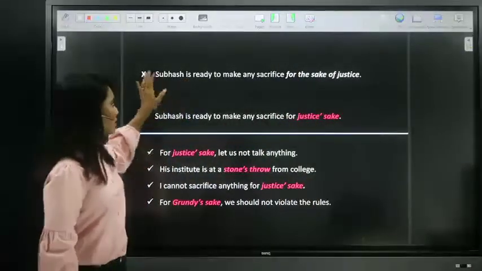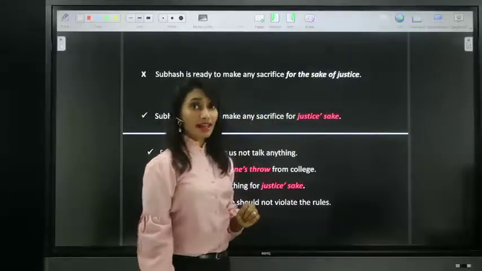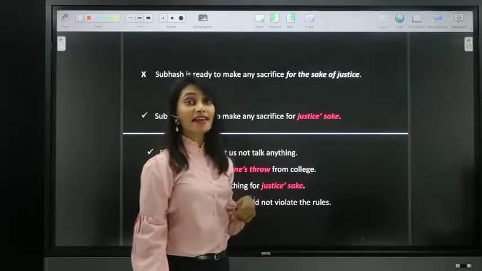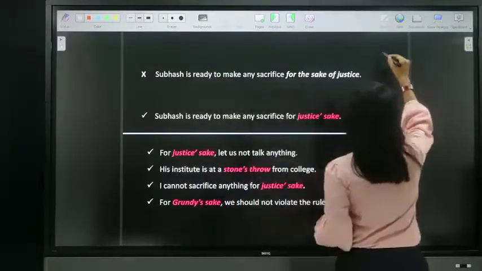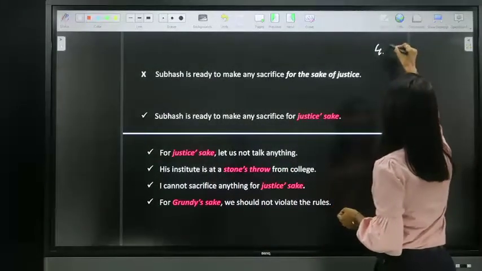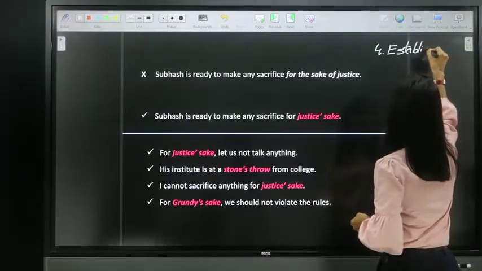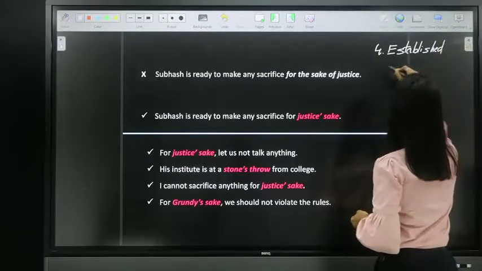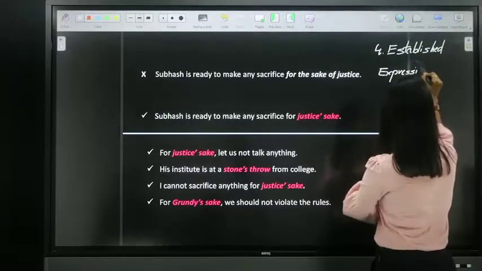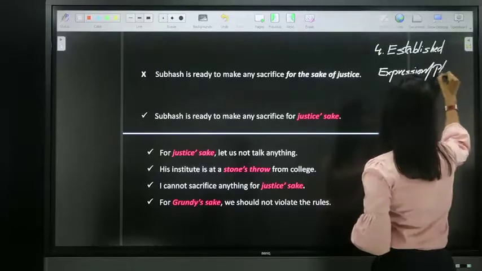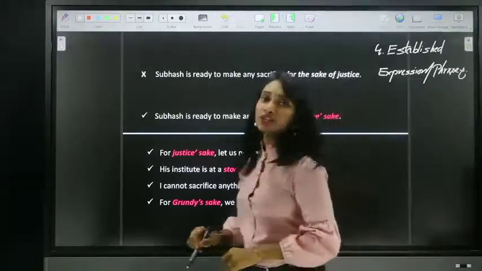Look at this sentence. Subhash is ready to make any sacrifice for the sake of justice. Again, we have discussed another exception as a usage under noun possession. That is the fourth one: established expressions or phrases.